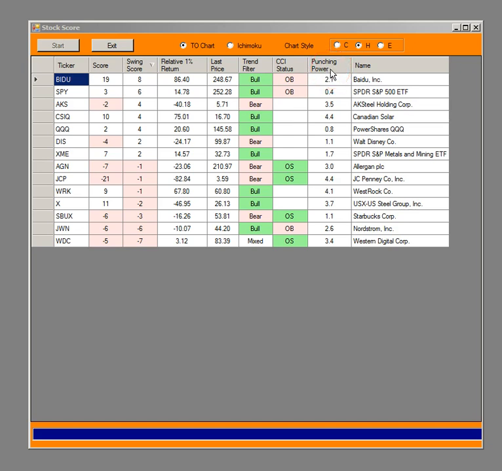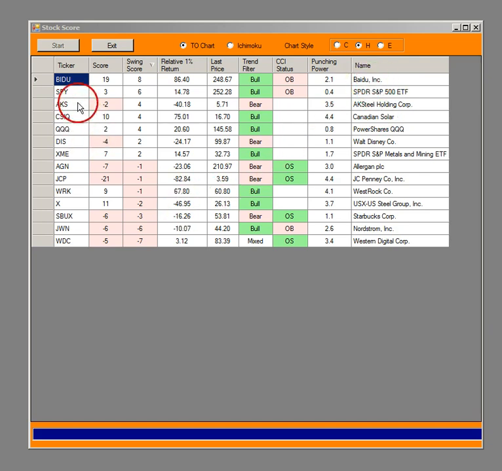It's the ATR, the average true range, divided by the closing price. And the higher the punching power, the more the stock moves relative to its price. So you want to trade things with high punching power, particularly if you trade options, because they can punch through strikes. And the name, obviously the name.